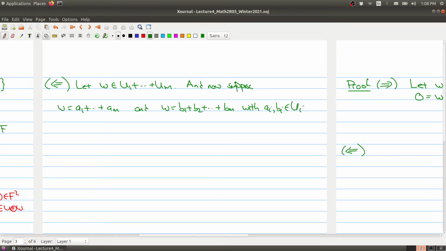Now we're going to do one of a mathematician's favorite tricks, which is to write 0 in a special way. 0 is the same thing as taking the vector W minus W.